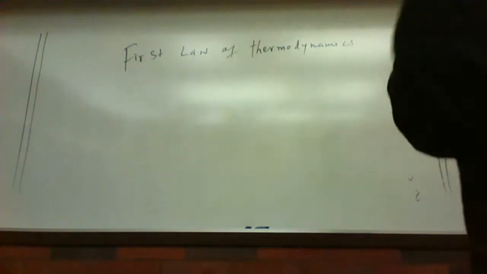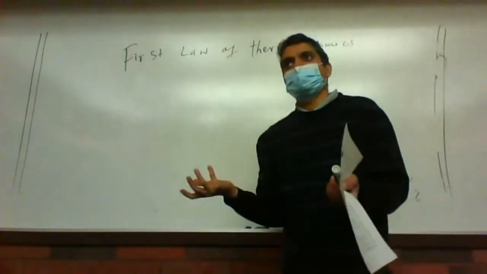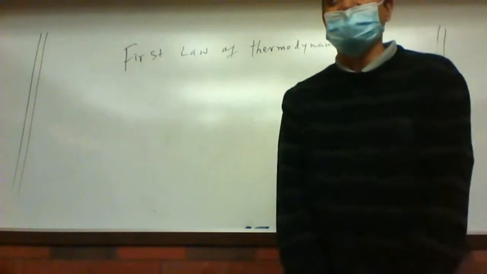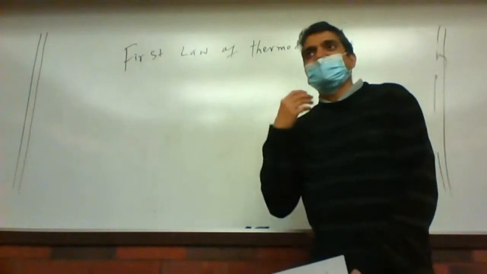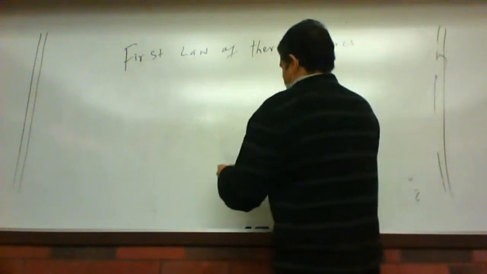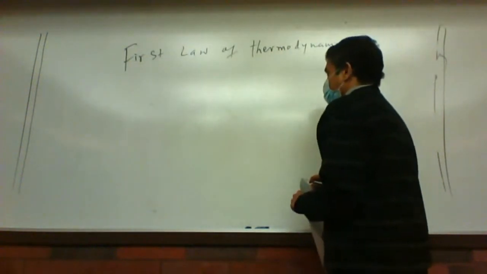I told you at the very beginning. So the first law of thermodynamics says we cannot create energy, we cannot destroy energy, but one form of energy can be converted to another form of energy. So this is called first law of thermodynamics. The definition is already there, you can read it. I just show the mathematical form of this equation.